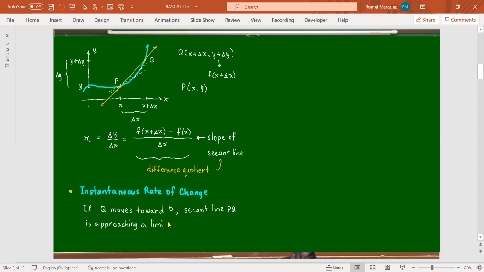No? A limiting position. So it means if Q moves towards P, this secant line is becoming what?